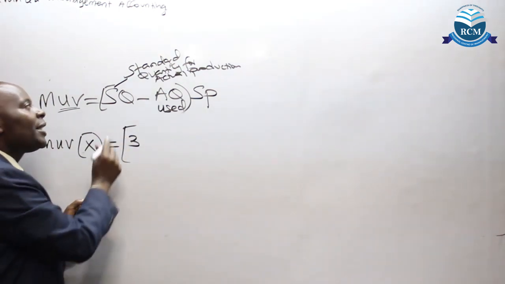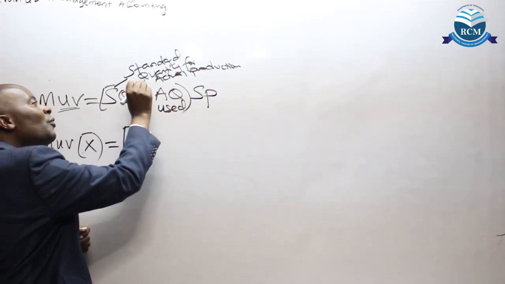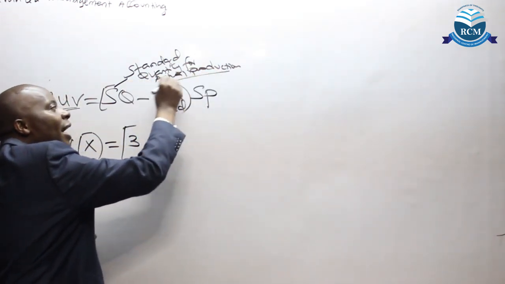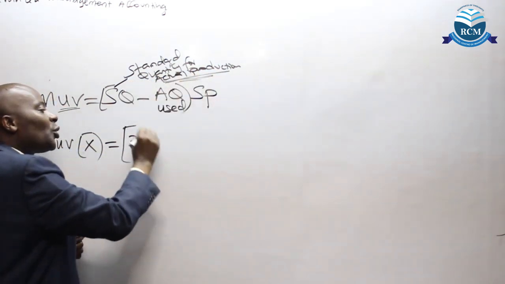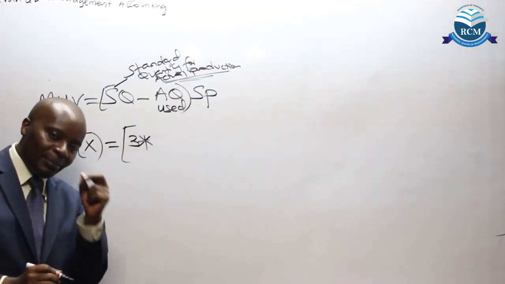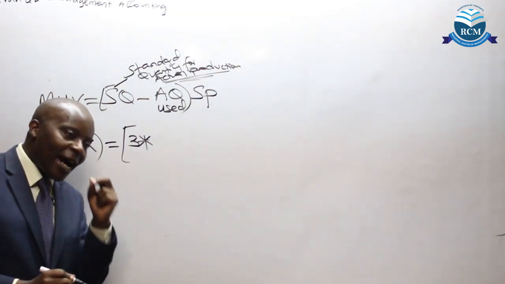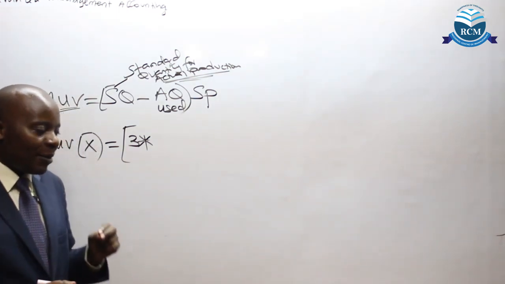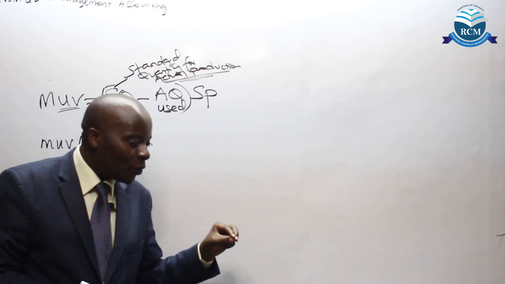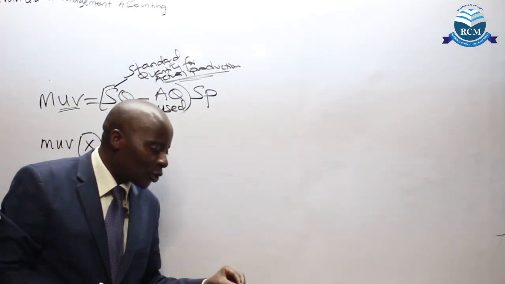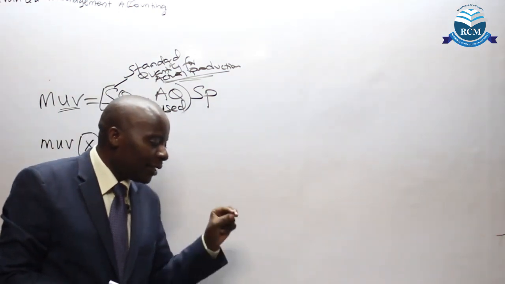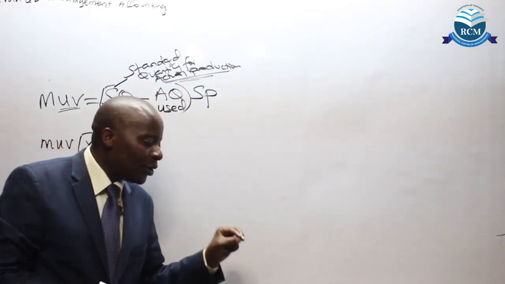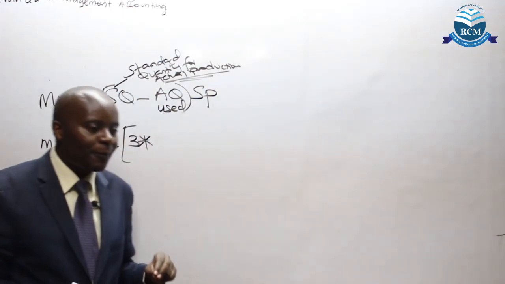3. But remember, because of this mention of the word actual production, the actual number of units that were produced must be used. Down there before the requirement of this question, we are told that in the period, 500 units of D456 were produced.